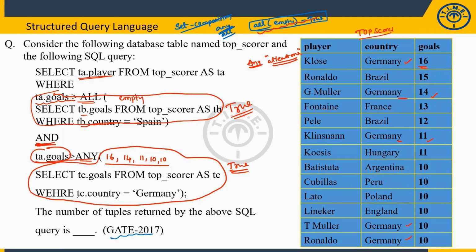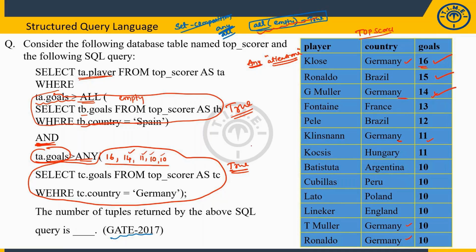So the complete table is to be checked for this condition. Now 16 is greater than at least one value. 16 greater than 14, correct; 11 greater than 10, 10, correct. So 15 greater than 14, 11, 10, 10, correct. At least one is sufficient. So it is greater than these values.